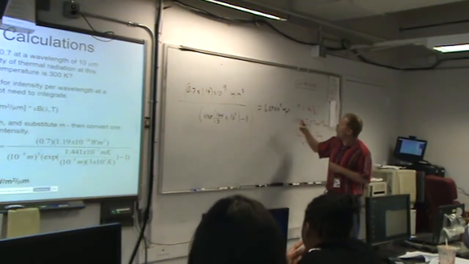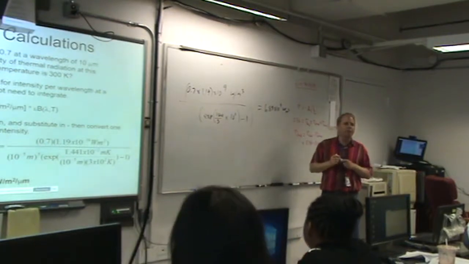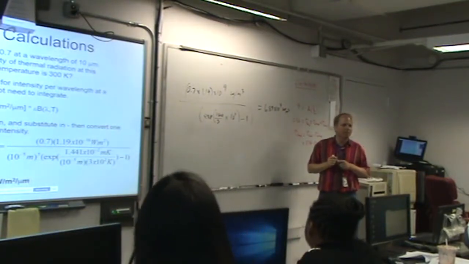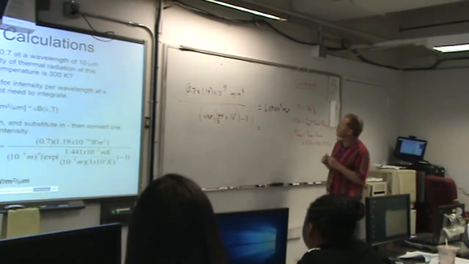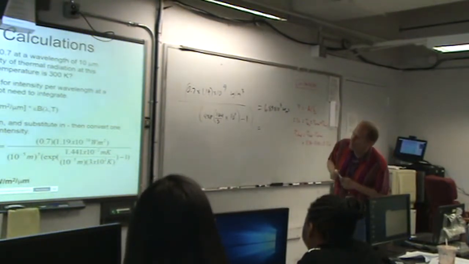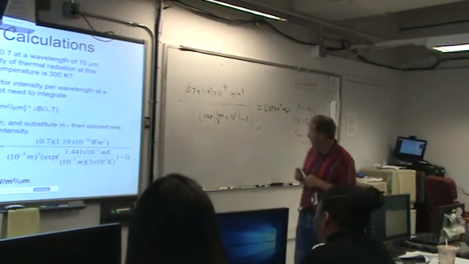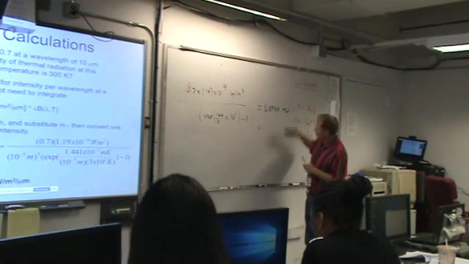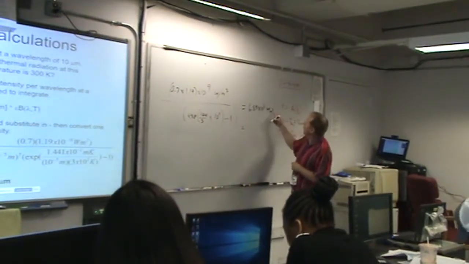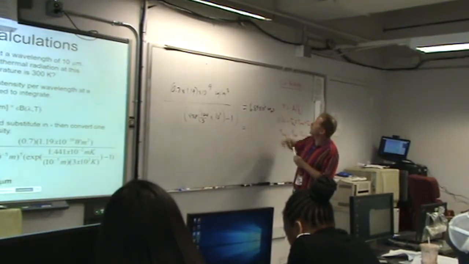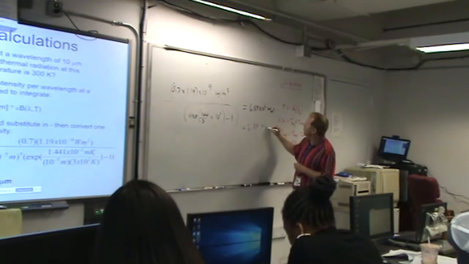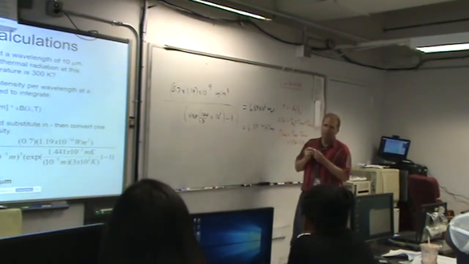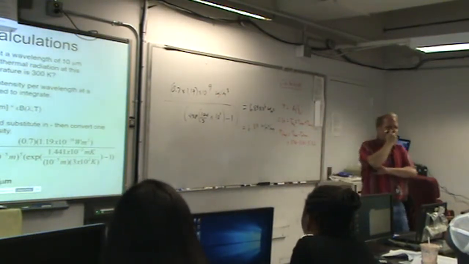Then we can take one of those meters and convert it into microns. Is it 10 to the 6? Yeah. So we convert one of those meters into microns, the 10 to the 6 goes away. So 6.89 watts per meter squared per micron. And that's your final answer.